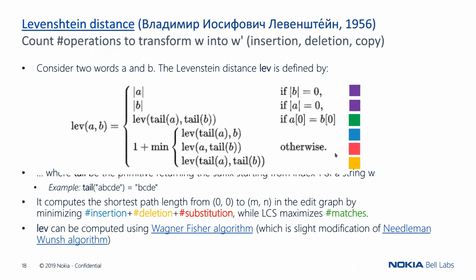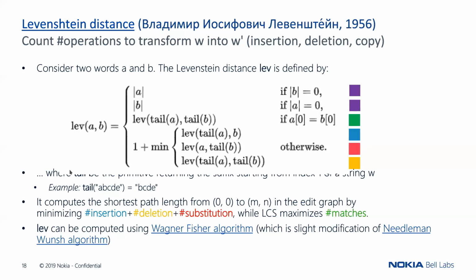And so once again, you can compute the Levenshtein distance using a dynamic program. And this is actually what is done by the Wagner-Fischer algorithm. I won't go into the detail because this is exactly the same idea compared to what I presented so far. So Wagner-Fischer is a slight variation of the Needleman-Wunsch algorithm. But you understand that this is the same idea.